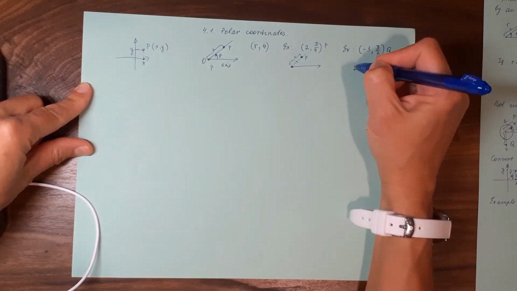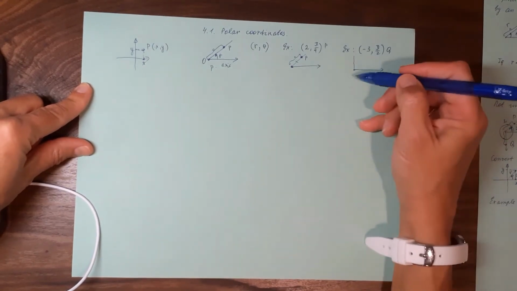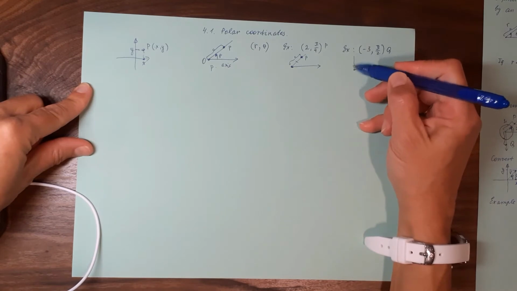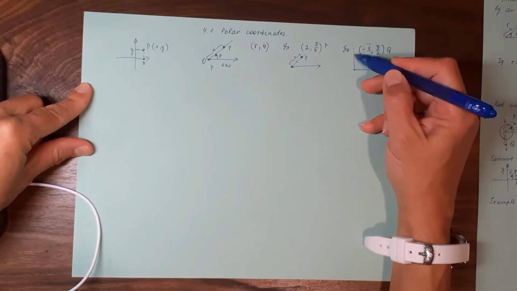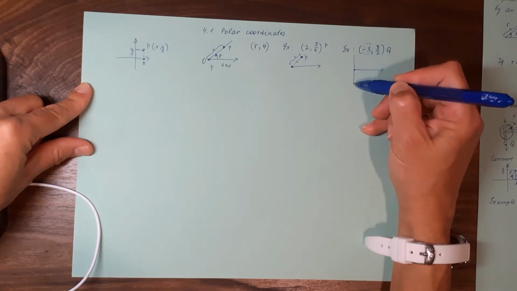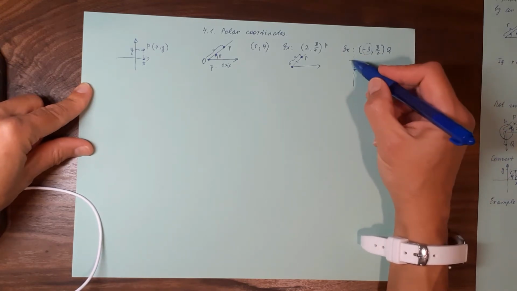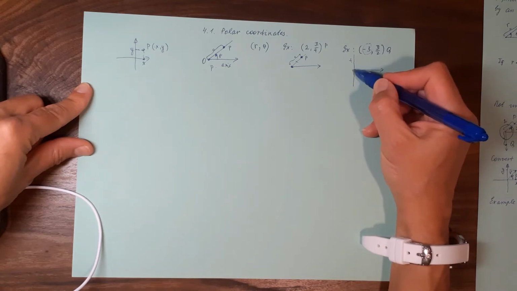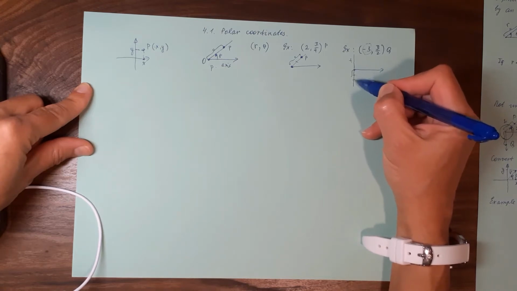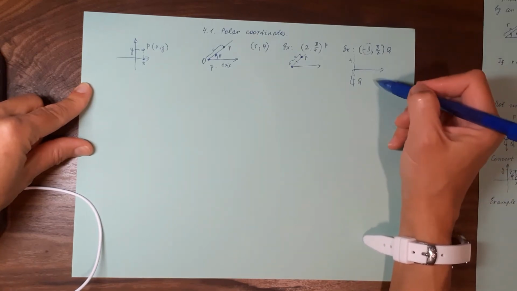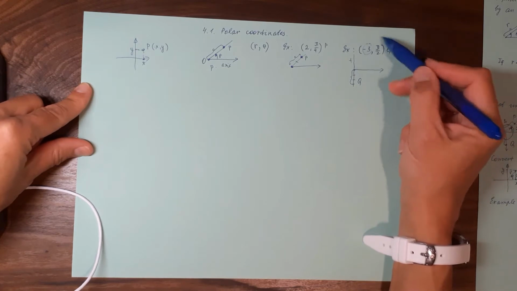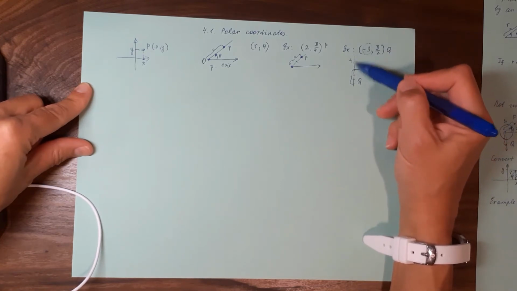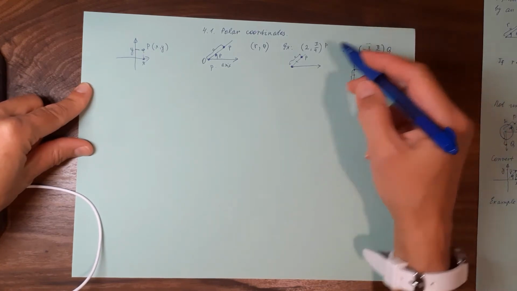Then we draw the complementary line to this one, to the angle pi over 2, and on this complementary line we measure 3 units. So at pi over 2, the top side is for positive numbers, and the bottom side is for negative numbers. That's how we graph all negative distances. Okay, and we get our point Q.